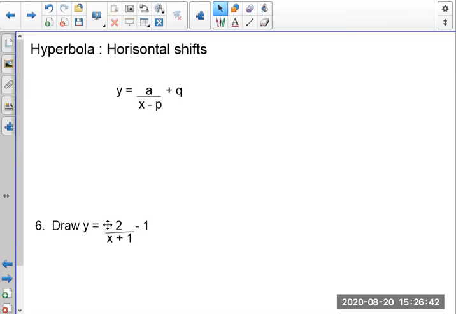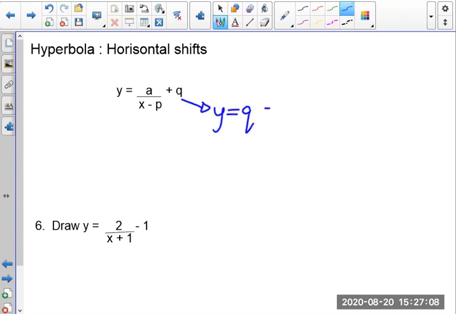Okay. Now, can you remember the grade 10 graphs that we revised was just y equals a over x plus q. And we said that this q gave me the horizontal asymptote.